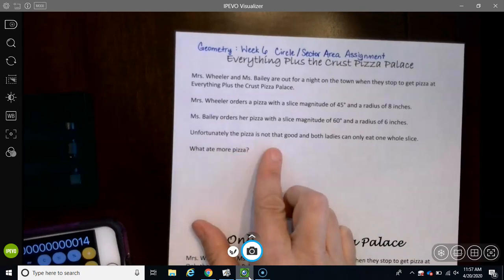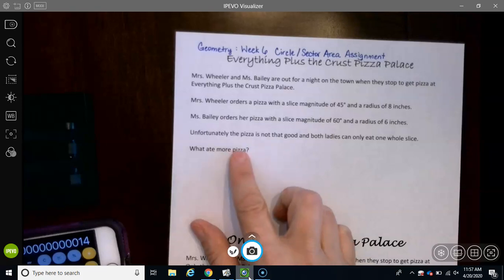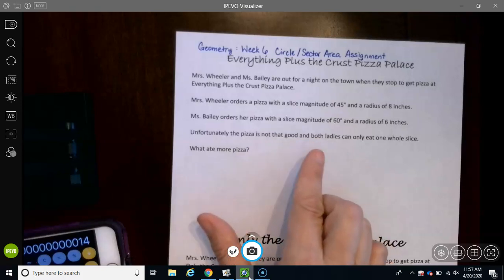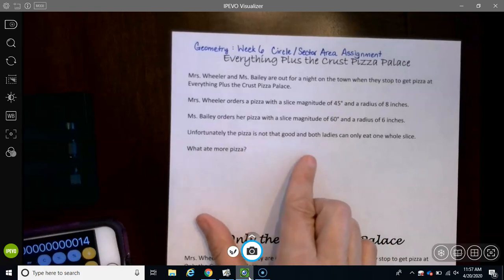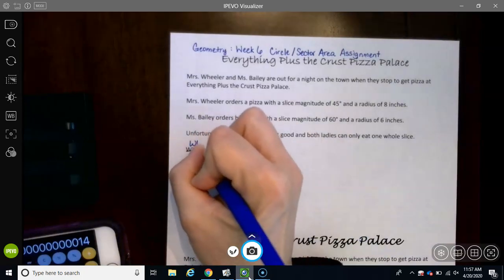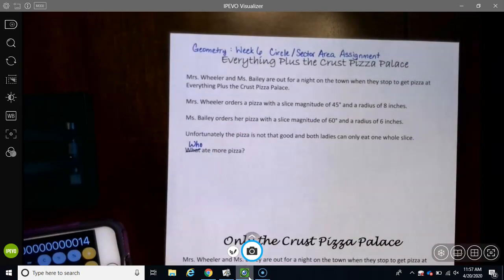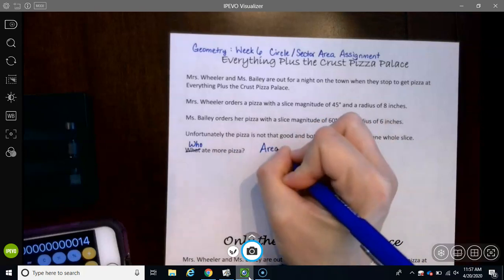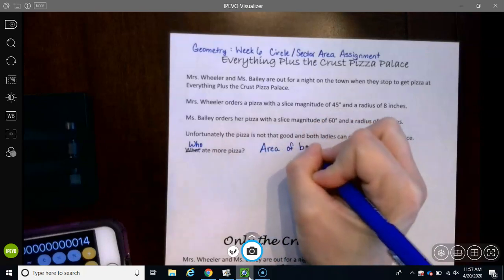Mrs. Wheeler orders a pizza with a slice magnitude of 45 degrees and a radius of 8 inches, and Mrs. Bailey orders one with a slice magnitude of 60 degrees and a radius of 6 inches. Unfortunately, the pizza is not that good, and both ladies can only eat one whole slice. Who ate more pizza? Sorry, it says what, but it should be who. So on that, you're finding the area of both sectors, and then comparing them.